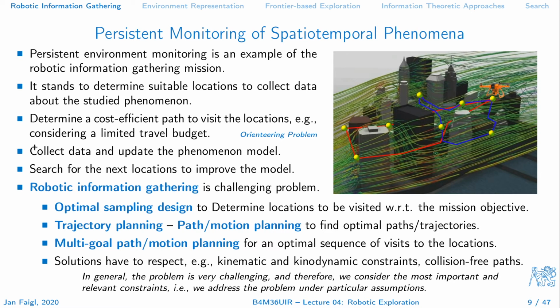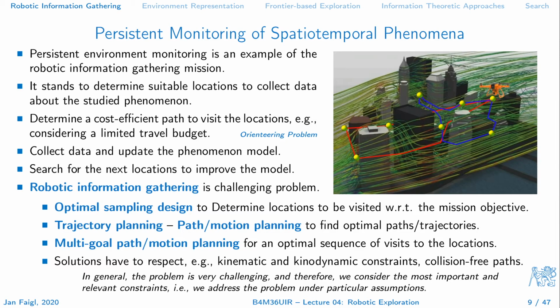So you can search for the next location to improve the model. The locations can be found as an optimal sampling design, which is a problem of determining the locations to be visited. There is also a connection to path and motion planning. And of course, if you have multiple locations, there is always the question of multi-goal path planning or multi-goal motion planning for the optimal sequence, because reasoning over a longer horizon can save the solution cost.